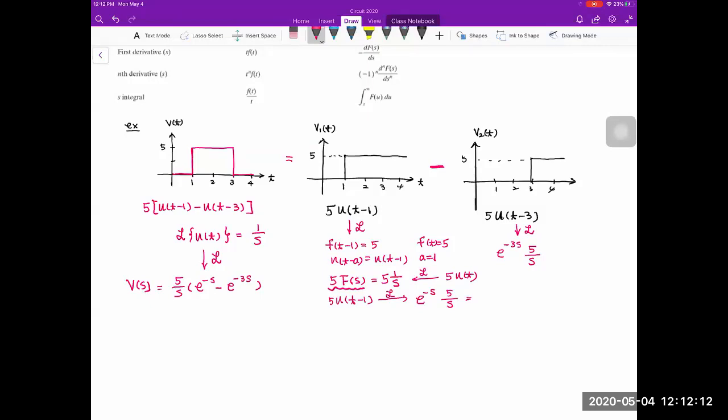All right. When you actually do the Laplace transform for the circuit, let me just give you a quick idea of what that is. Let's write down the equation for a circuit like this.